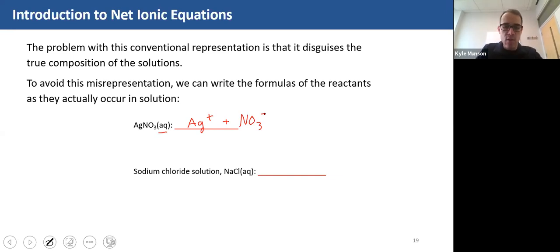Same idea here, a sodium chloride solution, okay, you're going to have the sodium ions and the chloride ions, okay? So this is how we're going to represent solutions of these ions. And you can tell that it's a solution by this little AQ written down here.